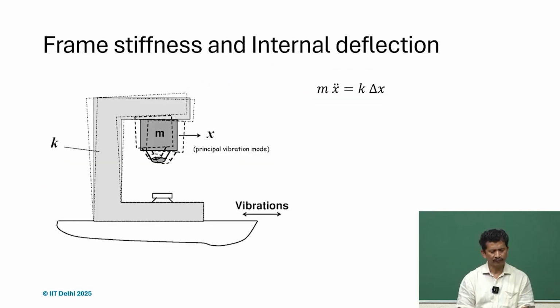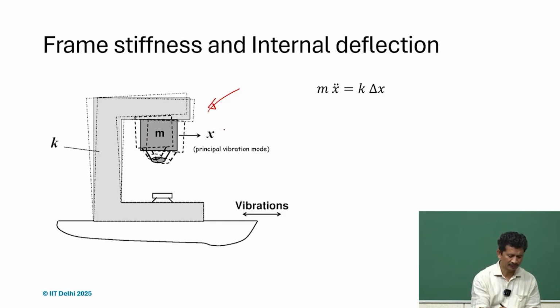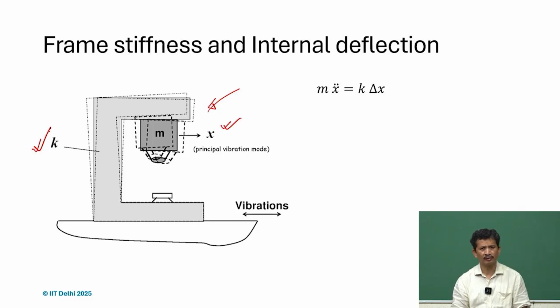At the same time, if you take any kind of machine, for instance machine tools, we have the mass, this is the displacement, and K is the stiffness of the frame supporting it.